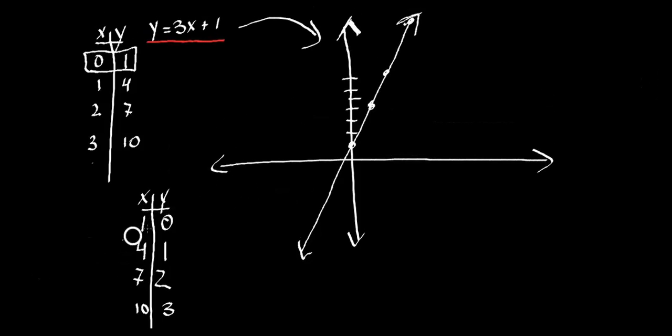So if we graph it, 1, 0, 4, 1, 7, 2, 10, 3.